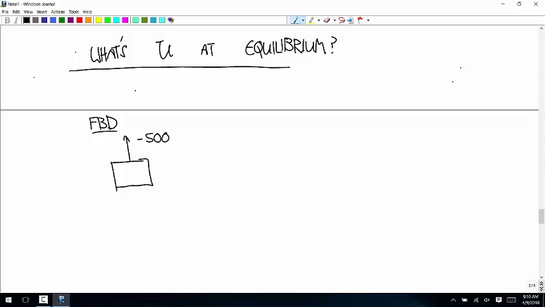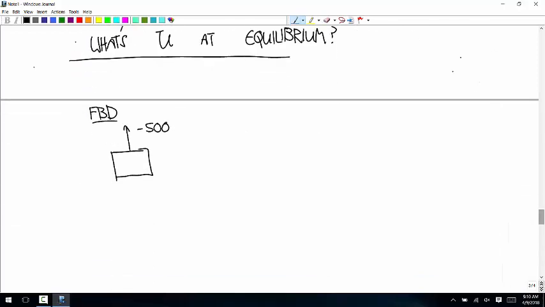We'll set our x equals 0 at the spring's resting length. So negative 500 times x is the force, and we have the weight down of 98.1.